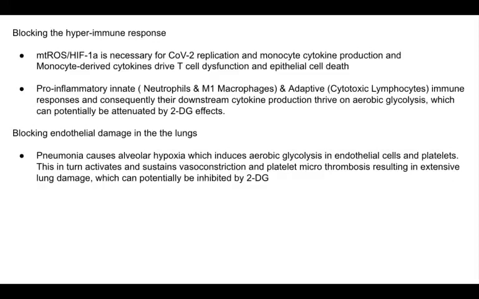This in turn activates and sustains vasoconstriction and platelet microthrombosis, which we saw in the earlier slides, leading to those cascading damaging effects of thrombosis and pulmonary hypertension, resulting in extensive lung damage. Because these processes are sustained on aerobic glycolysis, they can potentially be targeted by 2DG.